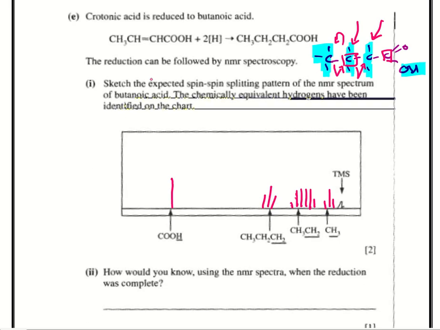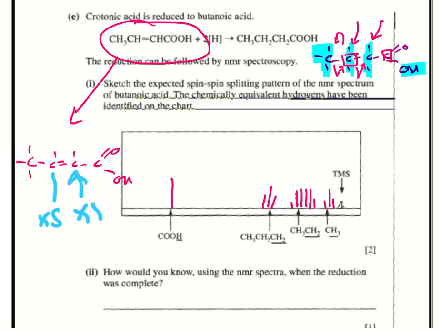Well, if we started off with this molecule here, so if I looked at the molecule that we were starting off with, within that molecule you're going to have a quintet here, you're going to have a second singlet here, and here you're also going to have a doublet.